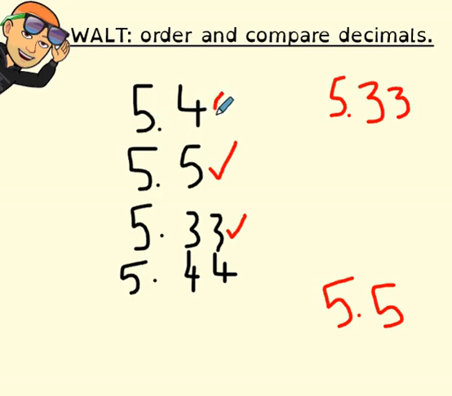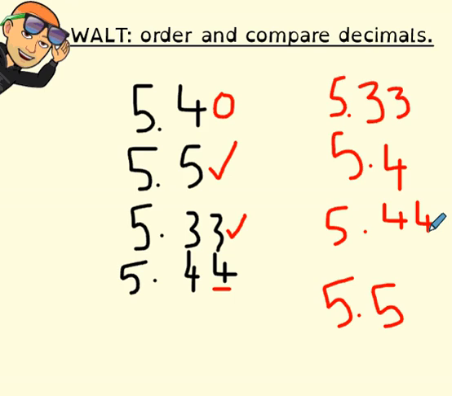So I'm looking for the smallest value first. I put my 5.4 or my 5.40, doesn't matter. Then I've got my 5.44. So starting with the smallest, or putting the numbers in ascending order, smallest to biggest, this would be my correct order.